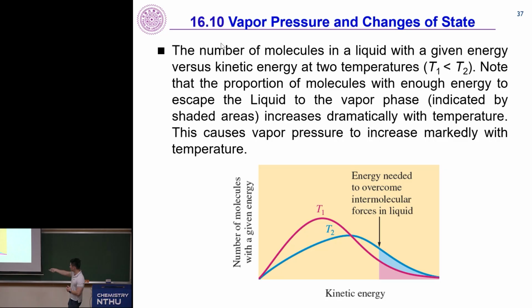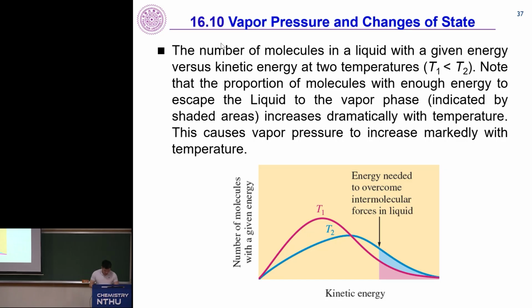So this whole region is the particles at temperature 2, and this whole region is the sum of the particles at temperature 1. And this is the critical energy needed to vaporize your liquid molecule. And as you can see, of course, for the blue we have more than for the red. So this is the distribution at different temperatures.